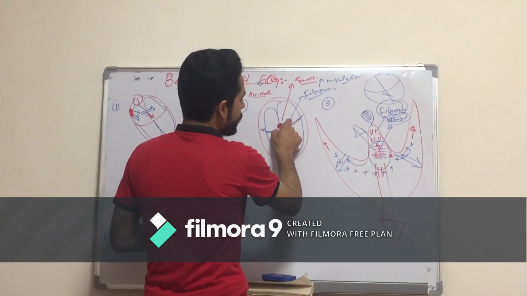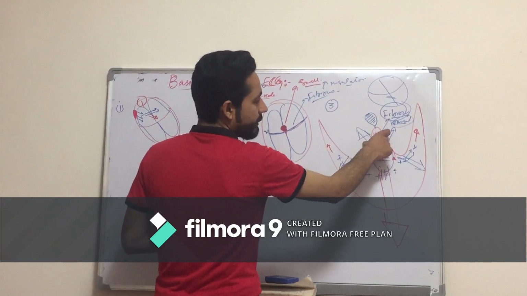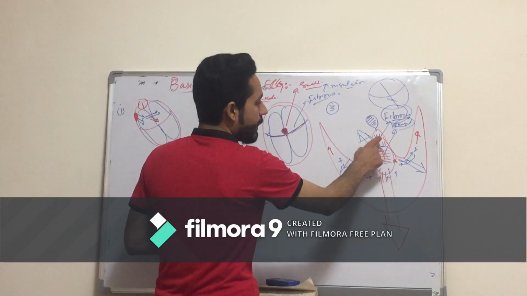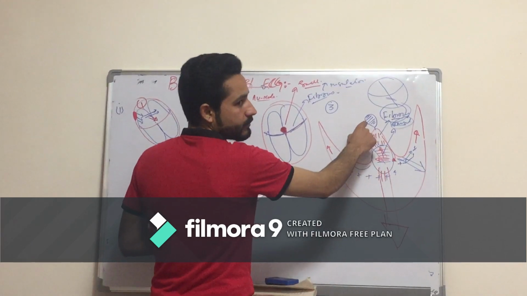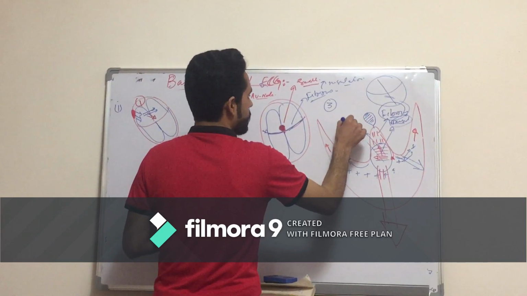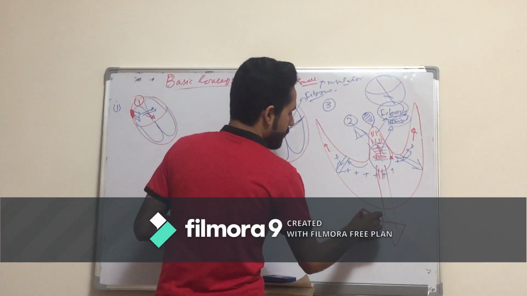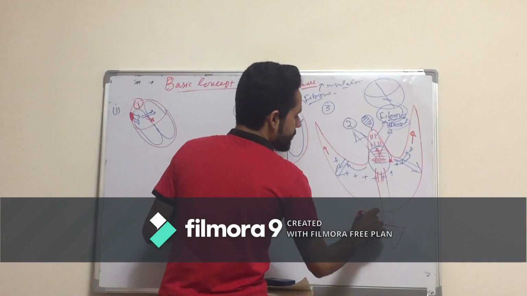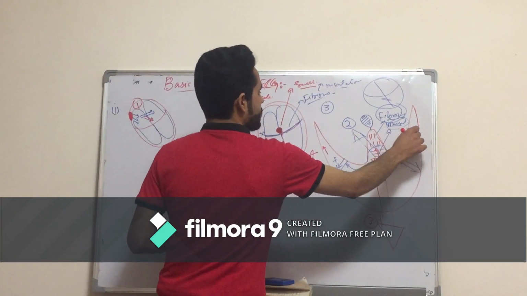Then after the AV node, the electrical impulses enter the interventricular septum, and when the septum is depolarized, this vector is produced. So this is the second vector, and this is the third vector, and this is the fourth vector.